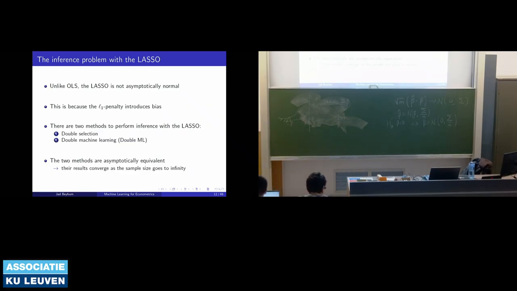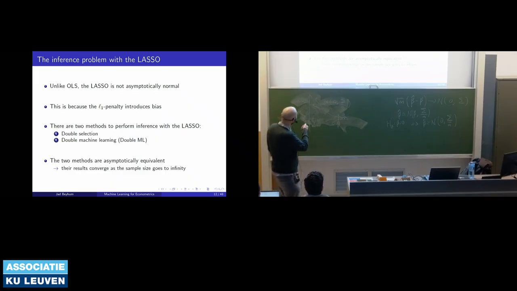But these methods are more complex than just lasso. When your data is low-dimensional, you can just use OLS, you have no problem. When your data is high-dimensional, you need one of these two methods that we will see, double selection or double machine learning, to do inference. These two methods rely on lasso, but they are not exactly lasso. So lasso itself is not enough to do inference in this setting.